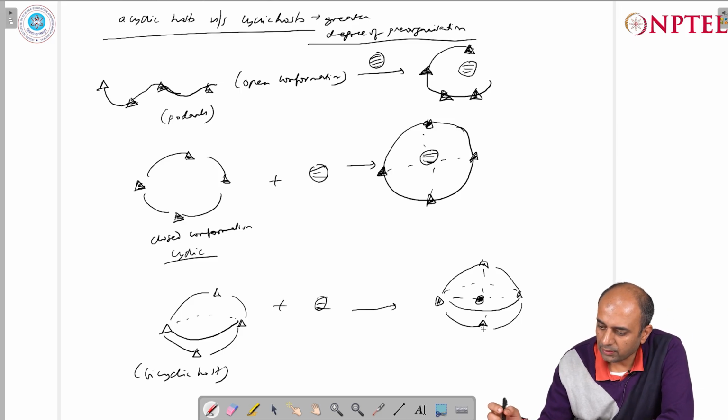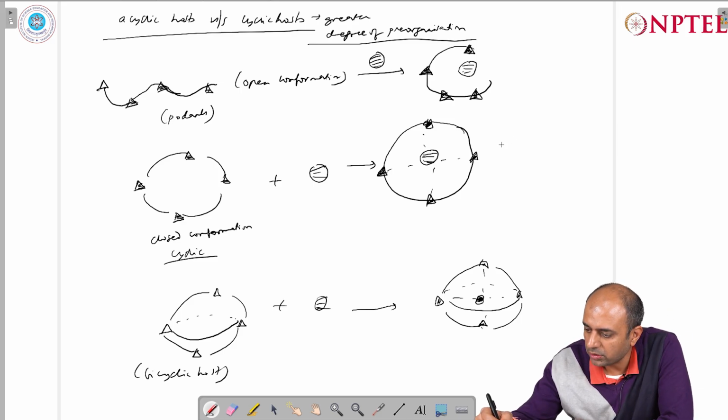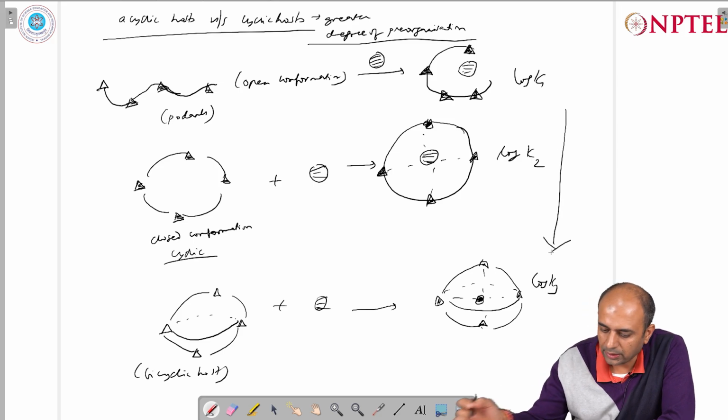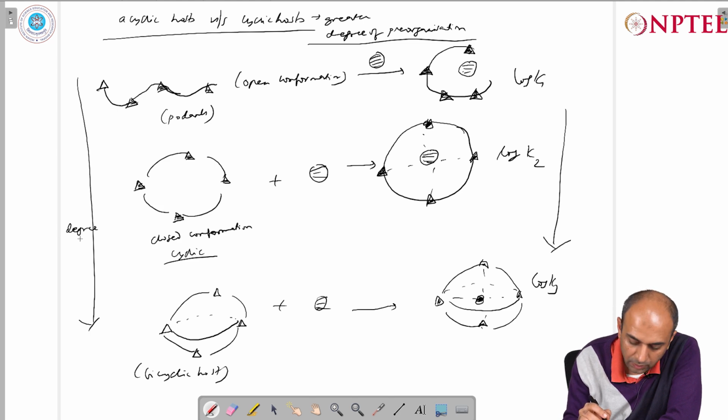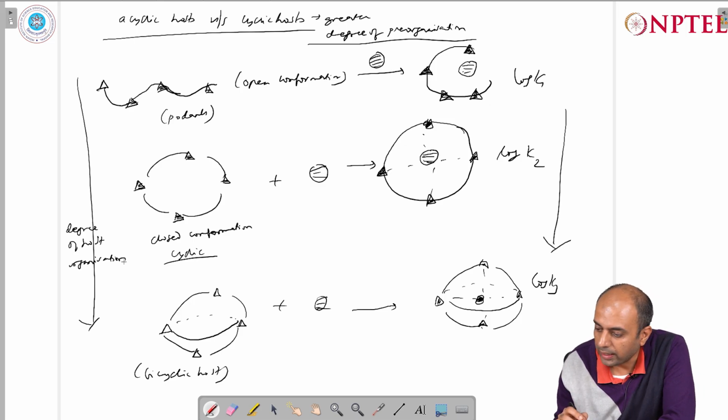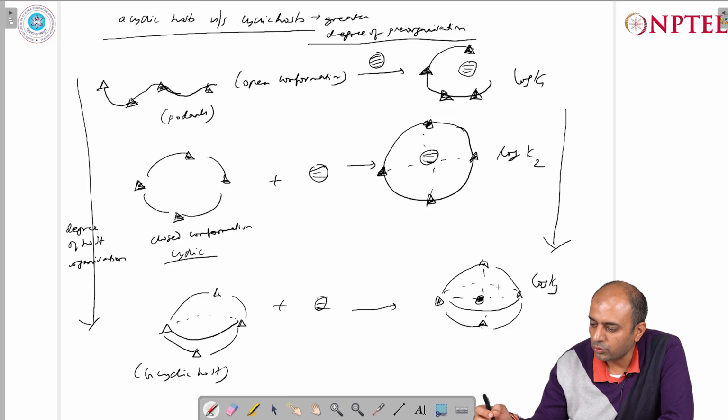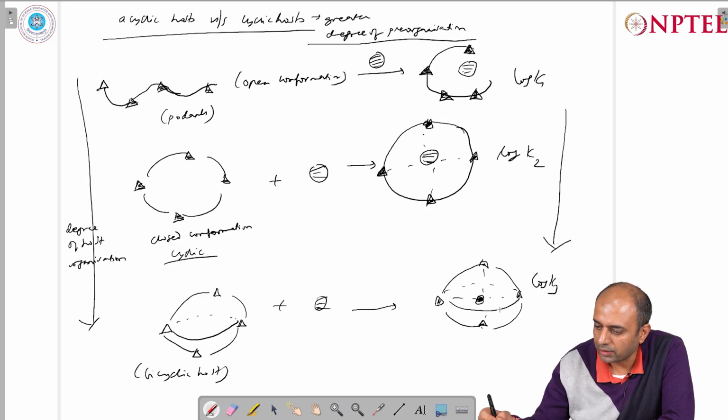And now we see that the stabilization, that is the binding constant, increases. This is K2, this is K3 and this is K1. So overall the binding constant has been found to increase. There is an increase in the degree of host organization, and there is an increase in the magnitude of the binding constant as well.